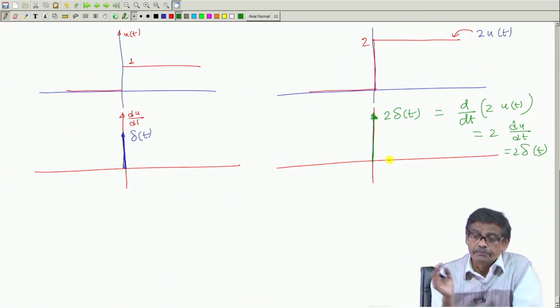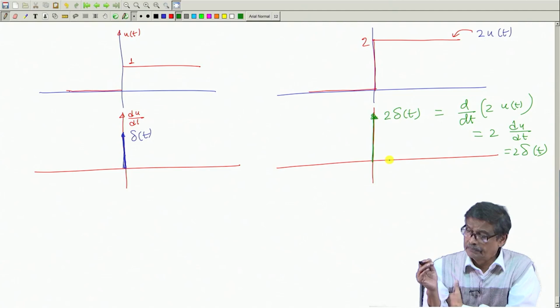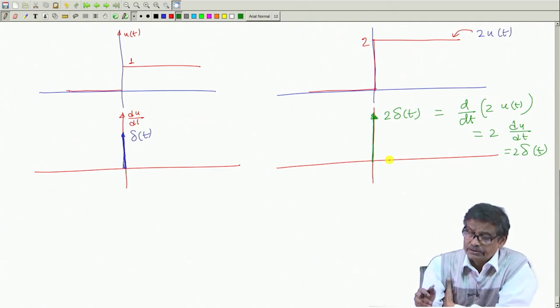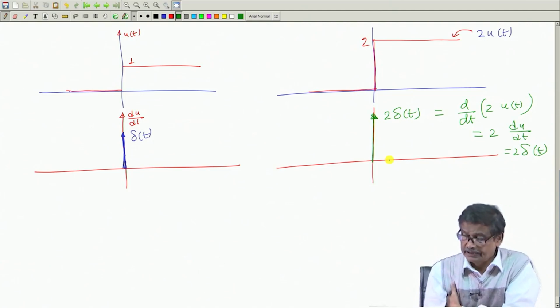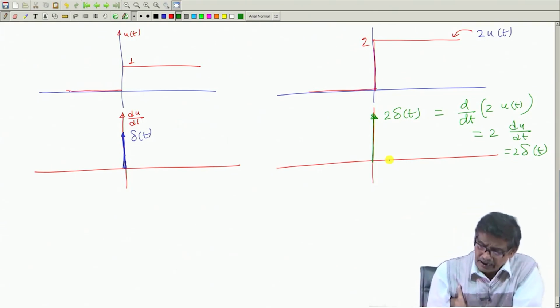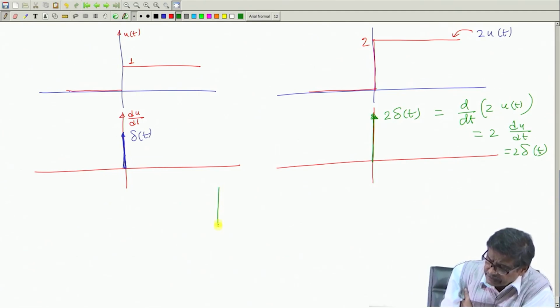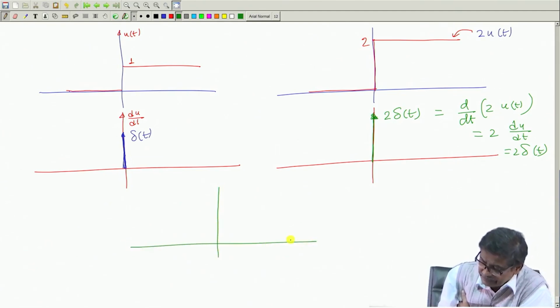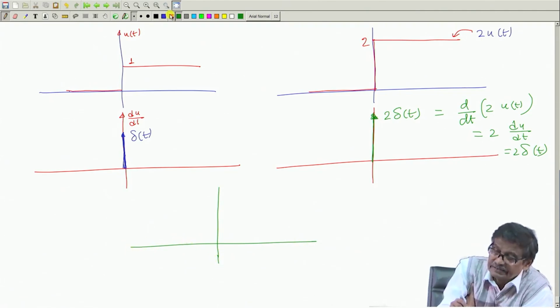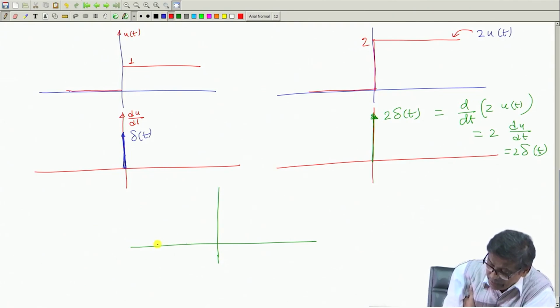But for the time being, why I told you this up to this point is that, for example, here is a function, try to understand, a function like this, a square pulse.